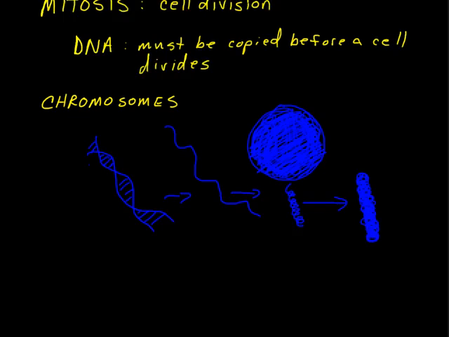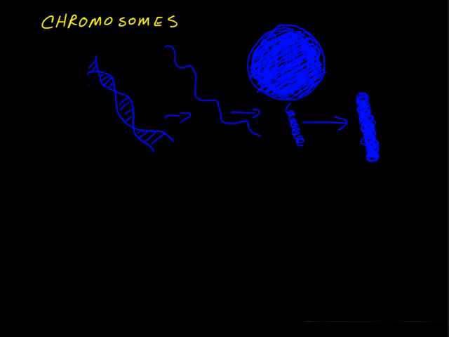As they condense, they start to become more visible when we look at a cell, and eventually they start to look something like this. And this is what you commonly see when you see a figure or a drawing or maybe even a photograph of a chromosome.